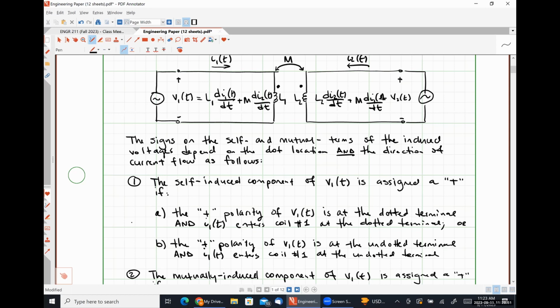The positive sign here is because the positive polarity terminal of V2 is at the dotted terminal of L2, and current I1 is flowing into the dotted terminal of coil number 1, which is why we get a positive sign here. So if you want to use these rules for different coils, literally just change the subscript notation. That's it.